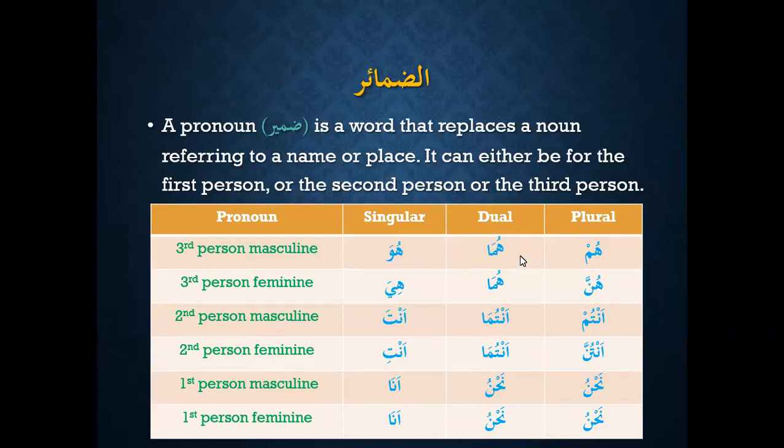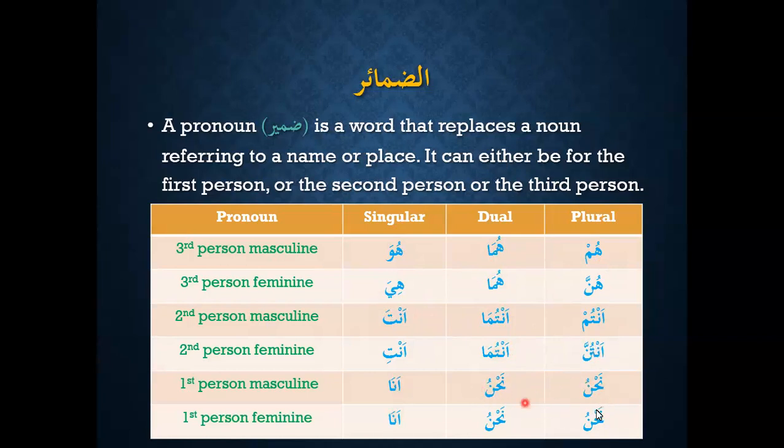So huwa, huma, hum, I don't know whether you can see them, but let me get the marker. Yes. So huwa, huma, hum, hiya, huma, hunna, anta, antuma, antum, anti. Antuma is duplicated, with the same form for two males, two females, or one male and one female. Then antunna, and ana, nahnu.